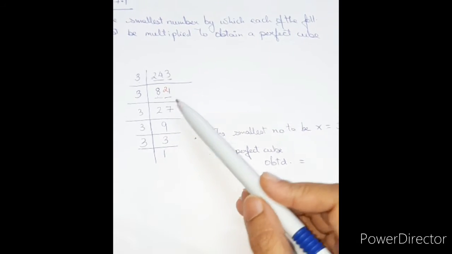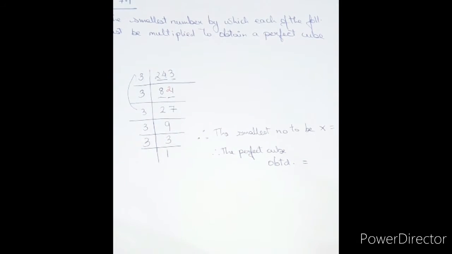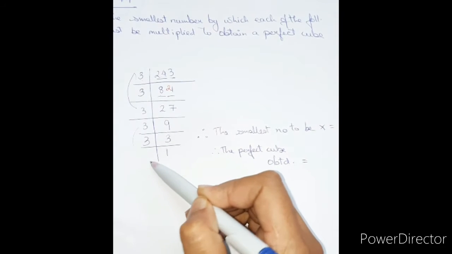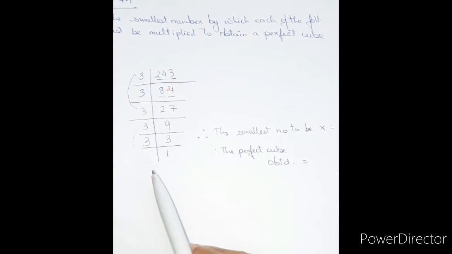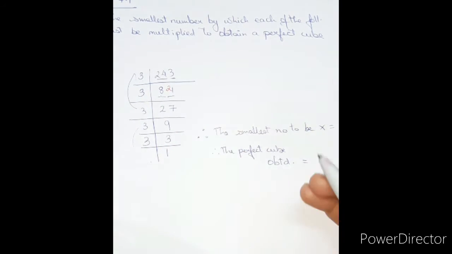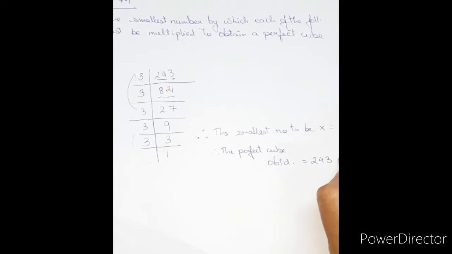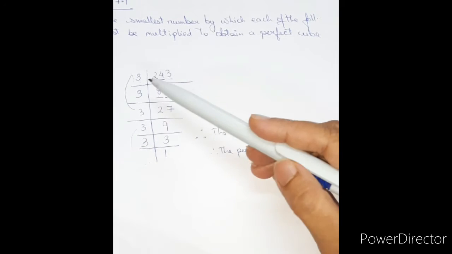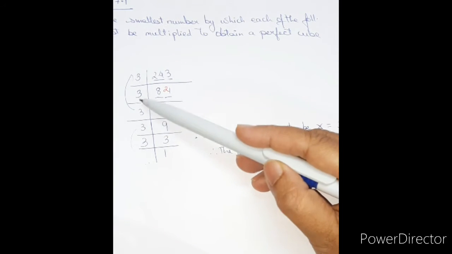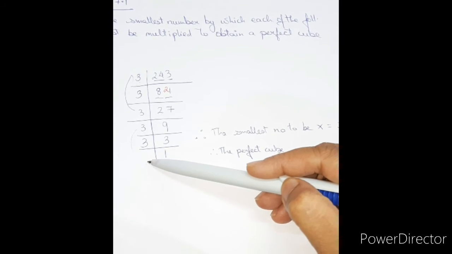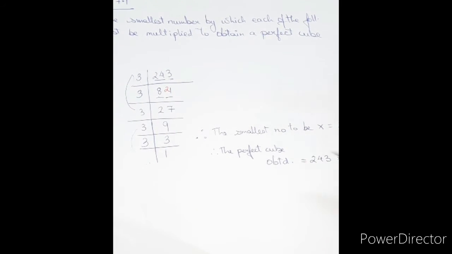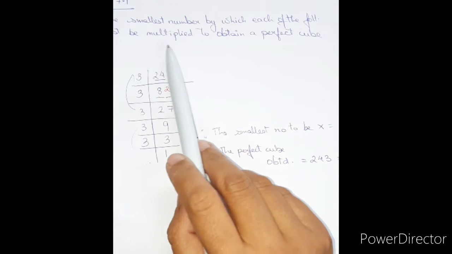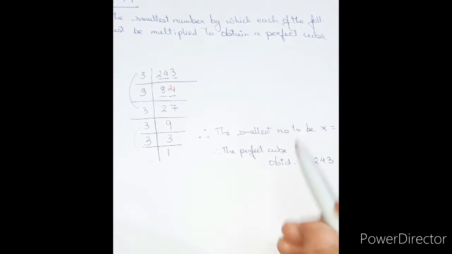Now if you check here, you're getting 3 in a group here, but 1 is missing here. So we need the smallest number so that we get a perfect cube. So we have to multiply 243 by 3. Here there is a group of 3, or triplets, but here 1 is missing, so we need 3. Whichever is missing you have to multiply, since you are asked which one has to be multiplied.